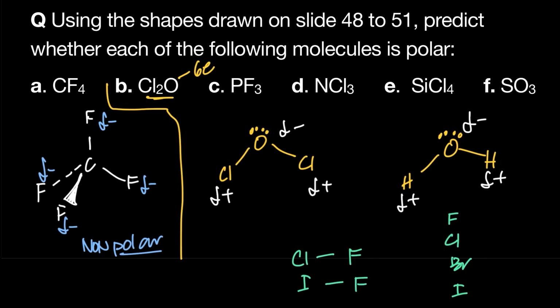Which means you will write delta plus and delta minus for both, because fluorine will always be minus, but where will the polarity be greater? IF. We therefore say in English that this molecule has a greater dipole moment. The word used is dipole moment, or has a greater overall dipole. Between water and Cl2O, H2O and Cl2O, which will have the greater dipole moment?